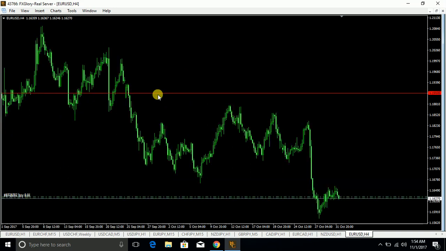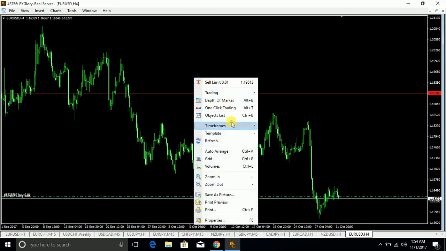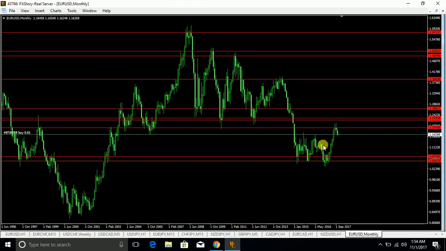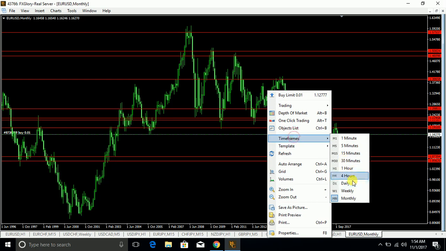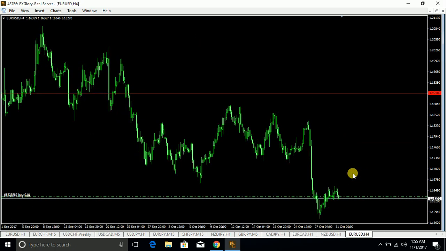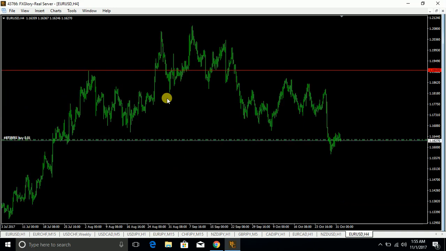So now this is a 4 hour chart. Again, we already drew our monthly levels here. So now we're looking at the 4 hour chart, and we can somewhat see a trend. But again, now that we're on the 4 hour chart, we can now narrow down our levels of support and resistance in here.